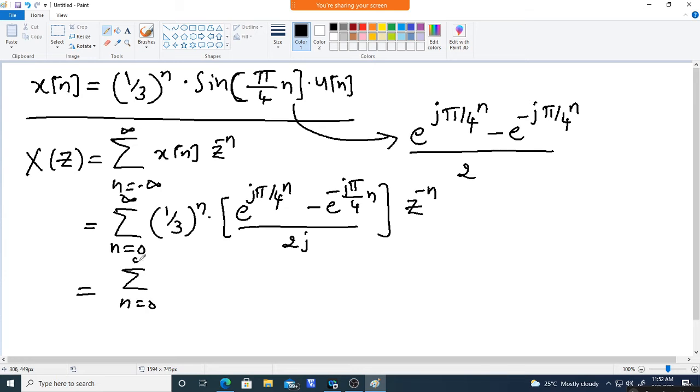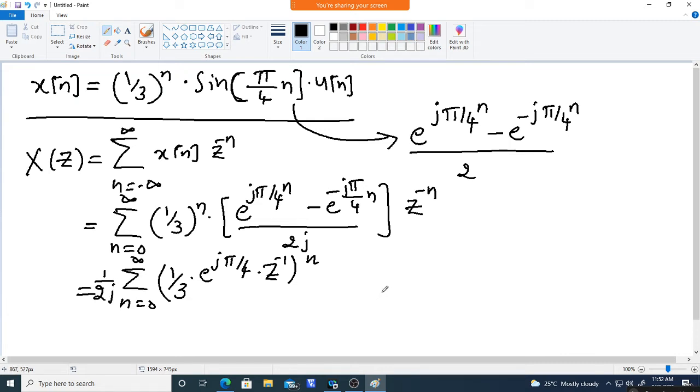Taking all the powers of n, we can write it as 1 by 3 e power j pi by 4 into z power minus 1, this whole thing power n. I will take 1 by 2j common here.